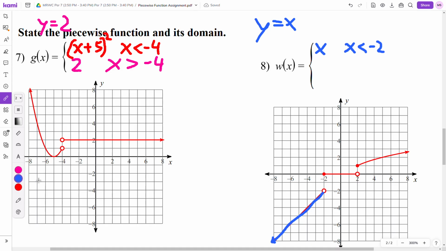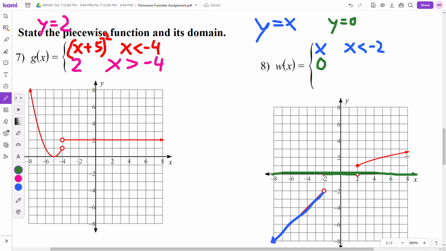What about that flat line in the middle? Let's make this one green. So the green one is simply 0. Because what is y equals 0? Y equals 0 is just this x-axis, right? It's just a flat line through the origin. But the domain is restricted.